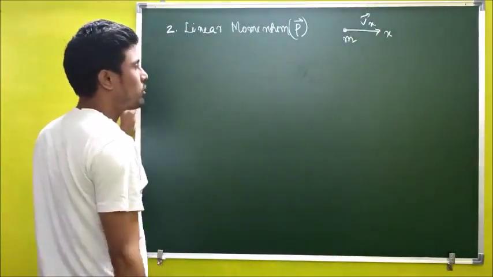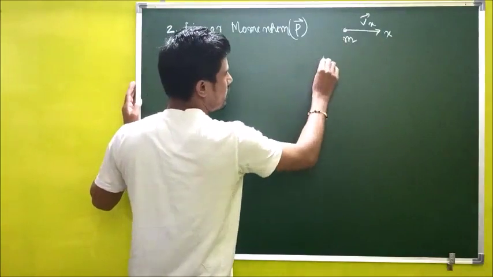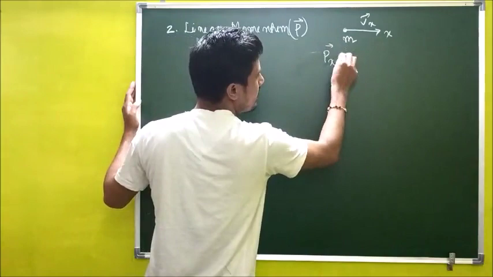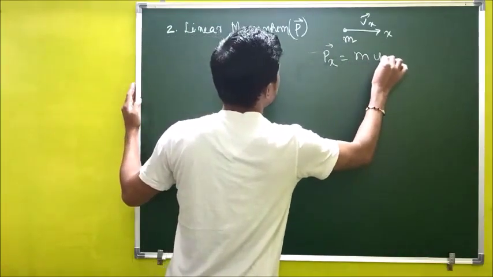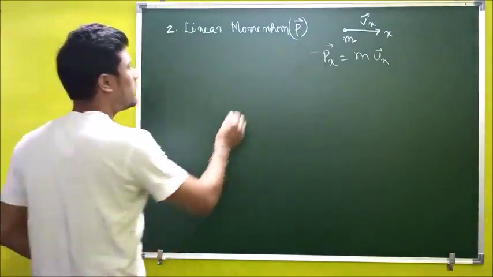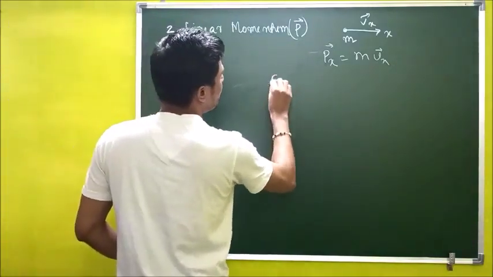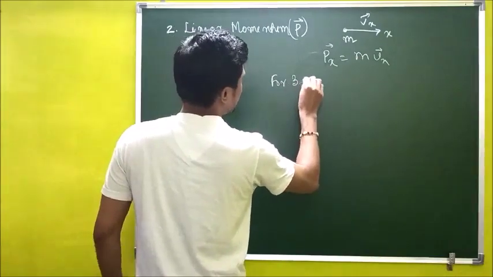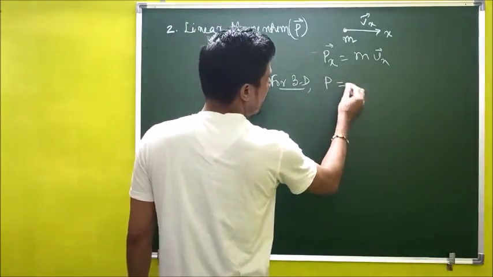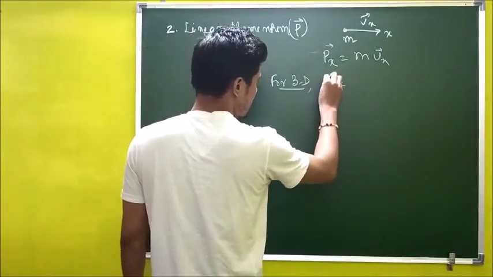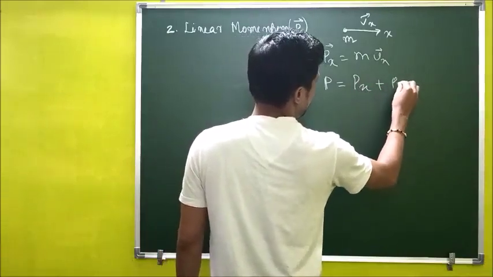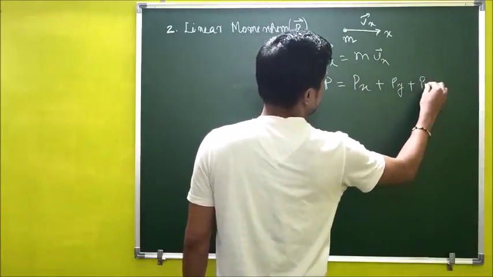Velocity is a vector quantity, so along that direction the momentum of the particle will be px, which is m times vx. If we consider a three-dimensional system, the momentum p is given by the vector summation of the three quantities px, py, and pz.